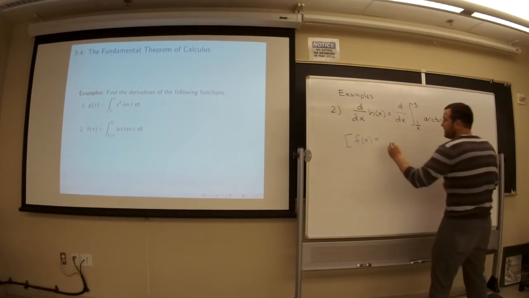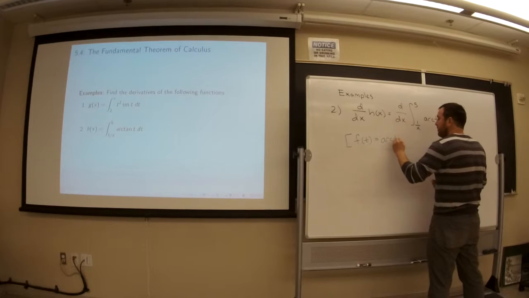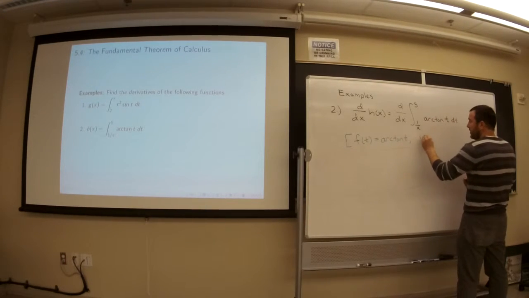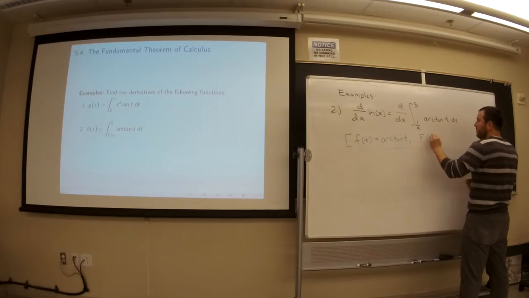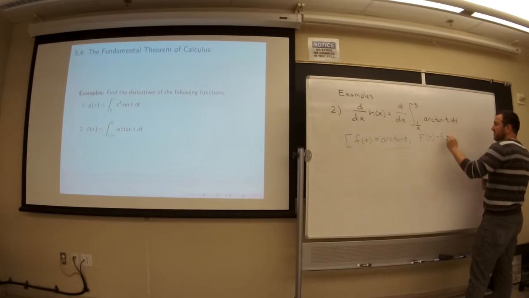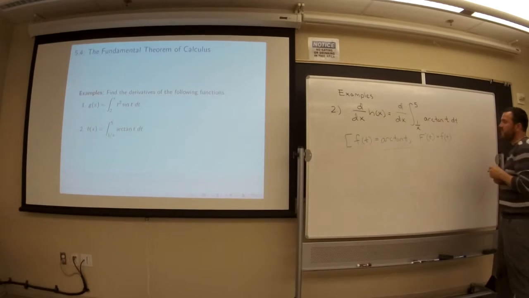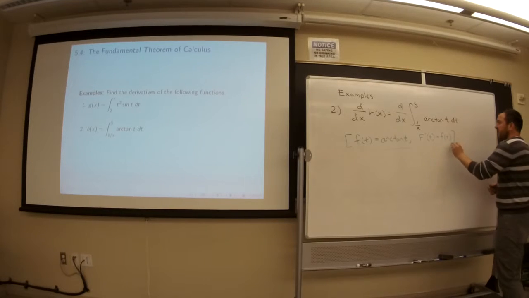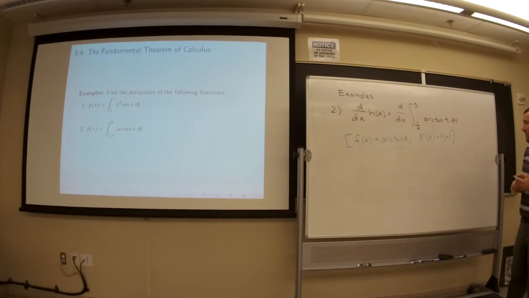Have f of t be arctangent of t. And again, let capital F be an antiderivative of f, so capital F prime of t is equal to little f of t. That's just a quick way of saying that it's an antiderivative.